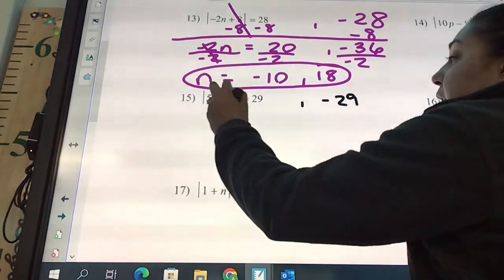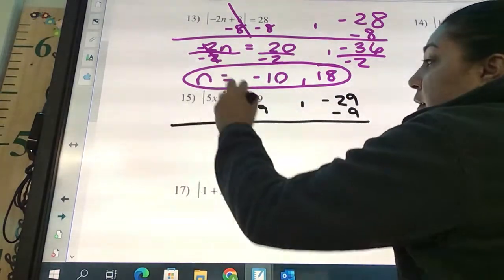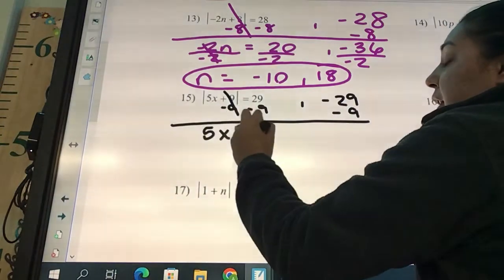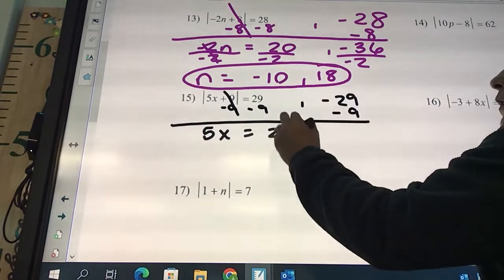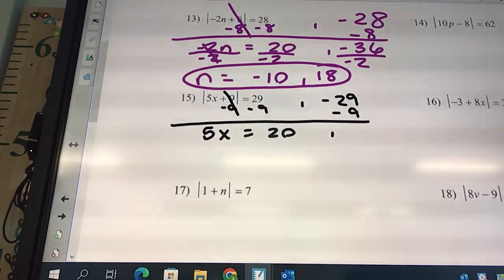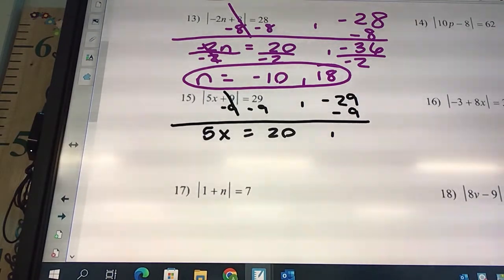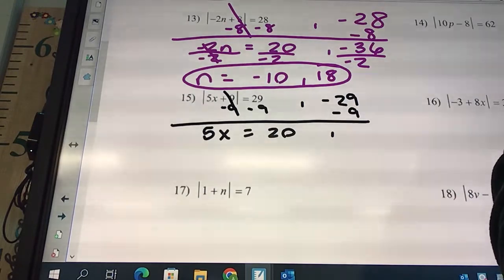We're going to say minus 9, minus 9, minus 9. So I got 5x equals, what is 29 minus 9? 20. Negative 29 minus 9. Negative 38.